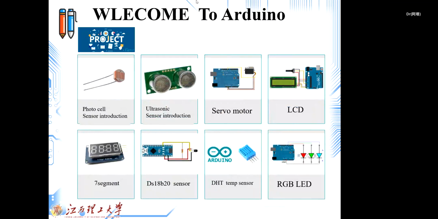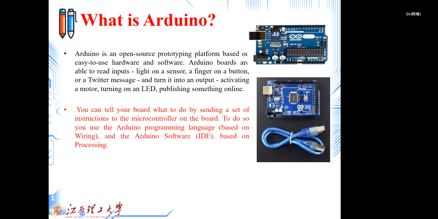You can add some sensors like ultrasonic sensors, servo motors, LCDs, DHT, which is a temperature and humidity sensor, a pure temperature sensor like DS18B20, 7-segment displays, and RGB LEDs, and so on. These are examples of the board.